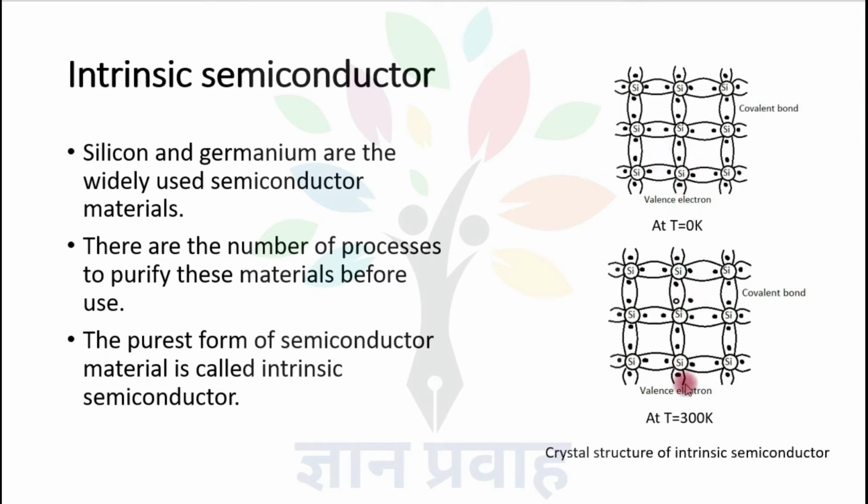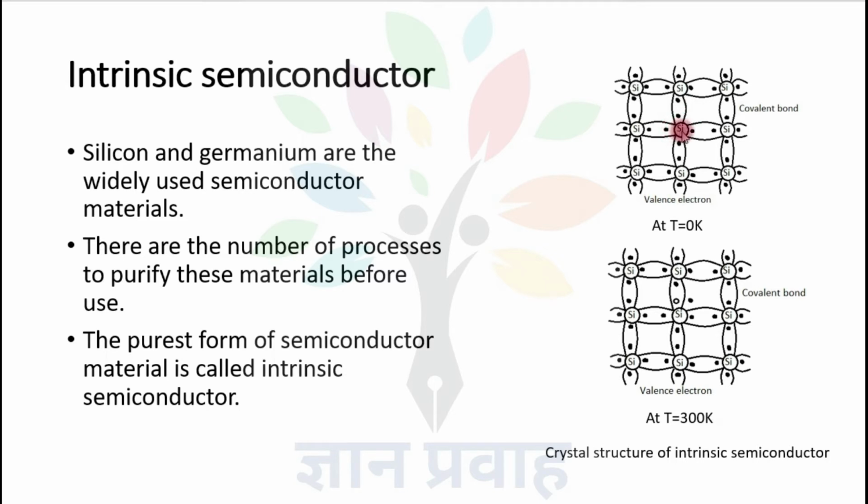These diagrams show the crystal structures for intrinsic semiconductor at different temperatures. This one is for when the temperature is at 0 Kelvin, and this crystal structure is for when the temperature is at 300 Kelvin. So at 0 Kelvin, the silicon atoms are bonded by covalent bonds, or electrons are shared with each other like this.